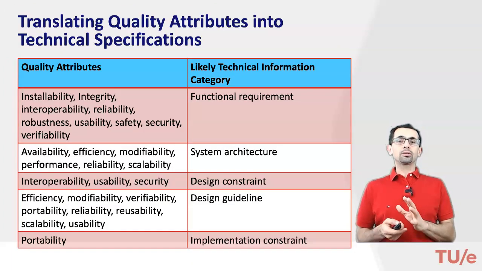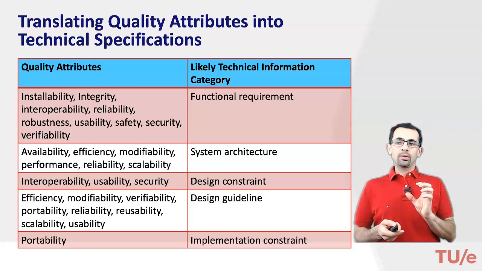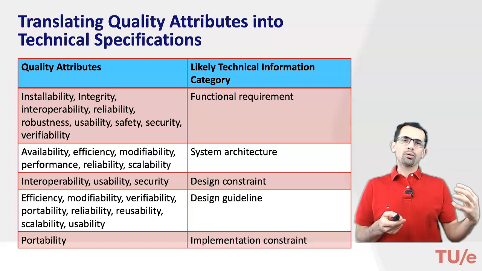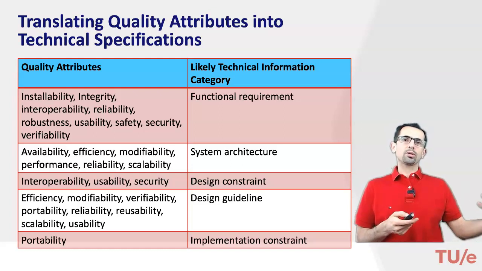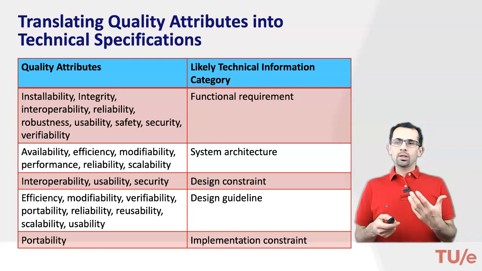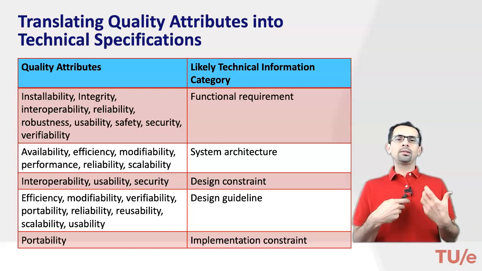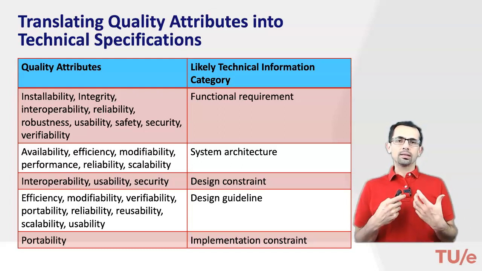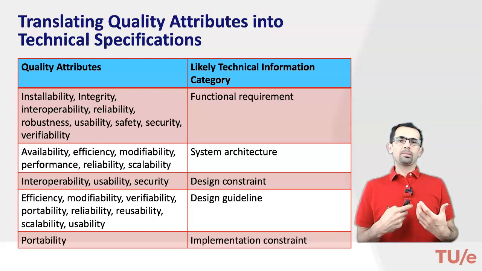The second thing I'd like to talk about is how these quality attributes are translated into other project concepts or components. Some of the quality attributes are translated into functional requirements, those things that the system is expected to do, to provide as functionality.